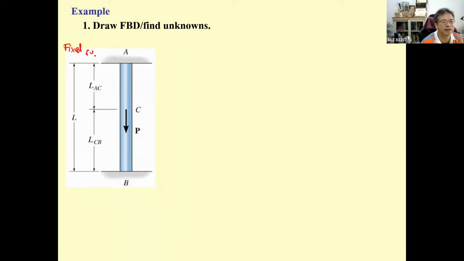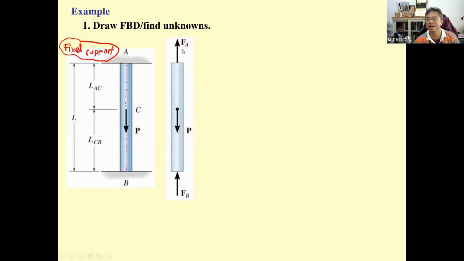the fixed support, okay, at A and B. So when this column is subjected to a force passing through its centroid, even though these are fixed supports, the reaction forces at A and B are going to be only axial forces.